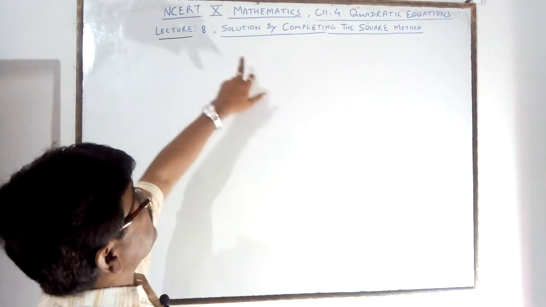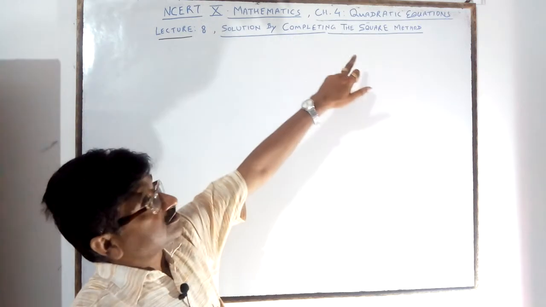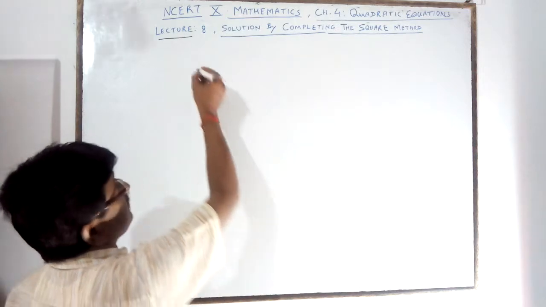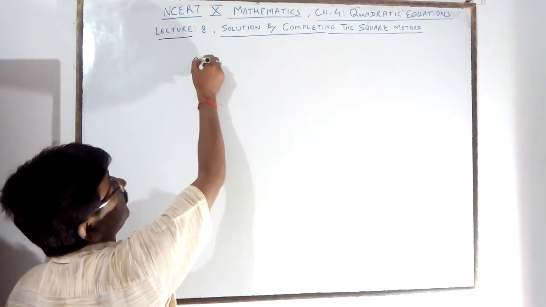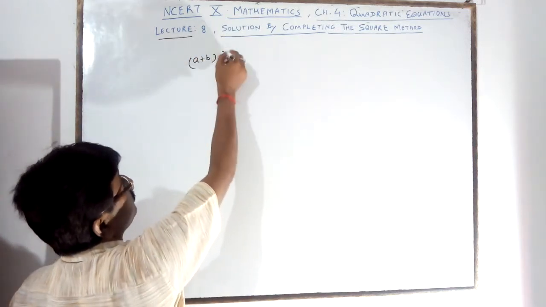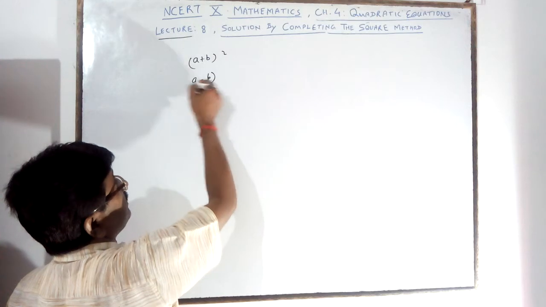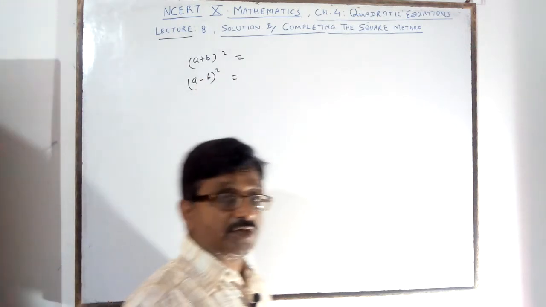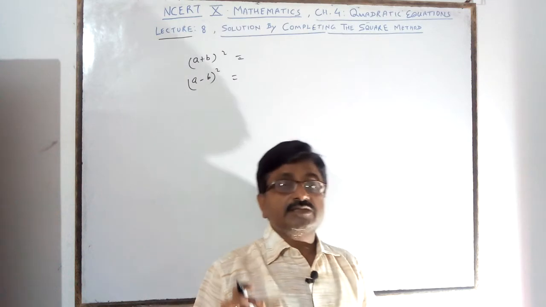So what is the completing square method? Completing the square means to complete the square. In this method, two formulas are very important: one is (a plus b) whole square, another is (a minus b) whole square. On the basis of these two formulas, you will get the completing square method.